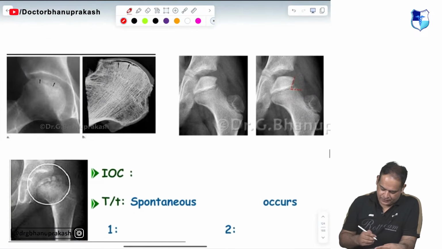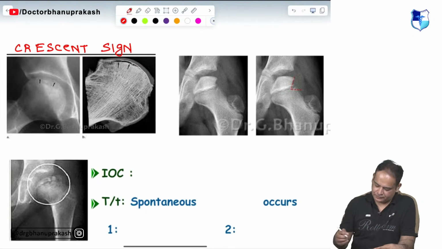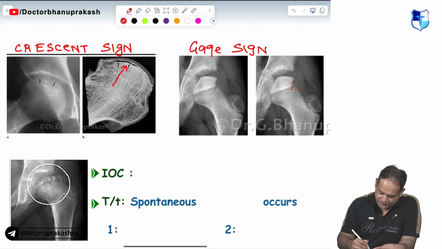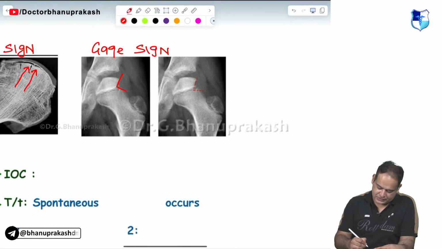X-ray signs. First, crescent sign, then gage sign. See, this is the crescent visible, gage sign like this.